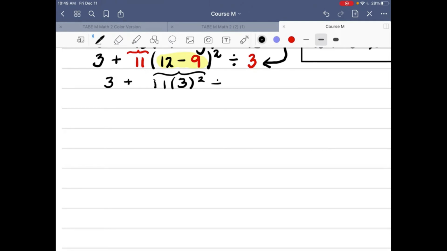All we've done is the parentheses. We got a 3 right there. Then I'm going to do my exponent. 3 to the second power. We did that on the previous page. That is 9. And then we're bringing everything else down.